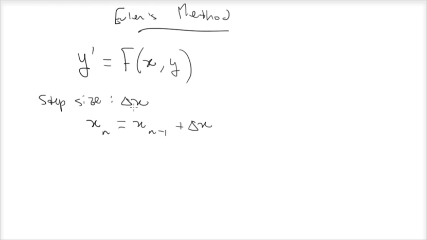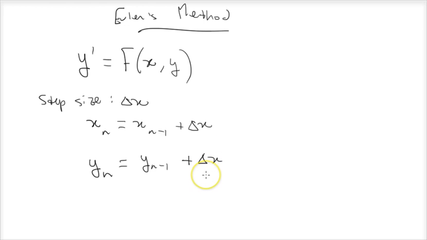Now the important thing about Euler's method is approximating values of y, values of the function itself. So the important part of the formula is we have y sub n, our new y, is going to be equal to the old y, y sub n minus 1. The n minus 1, you can just think of that as old, the n, you can think of that as new, plus the step size.